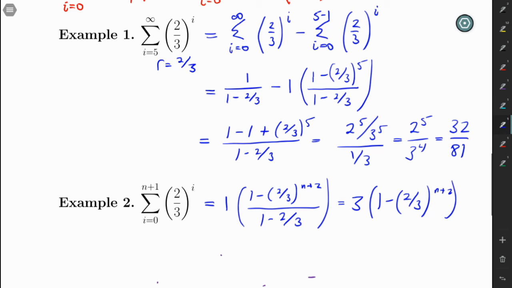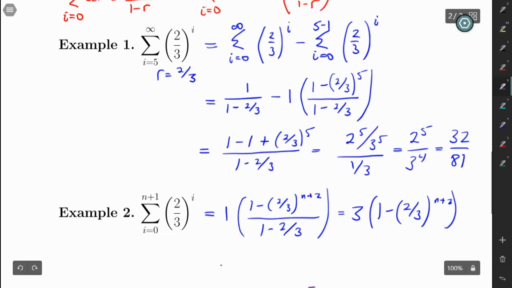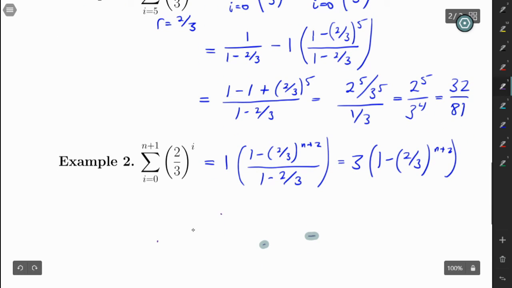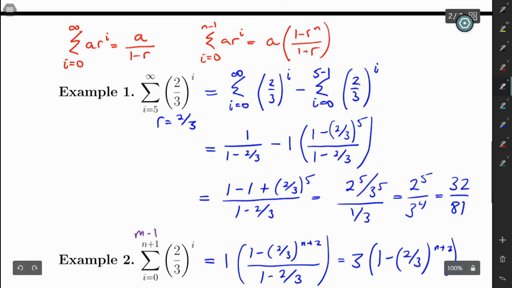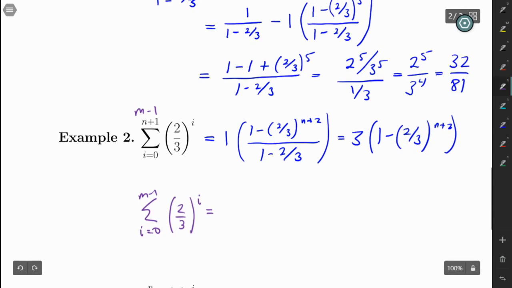If you wanted to do things a bit more formally, well, you can say, I'm going to be looking for something that looks like some m minus 1 here. And then I know that the sum from 0 to m minus 1 of 2/3 to the i, by the finite sum formula, is going to be 1 minus 2/3 to the power of m over 1 minus 2/3.